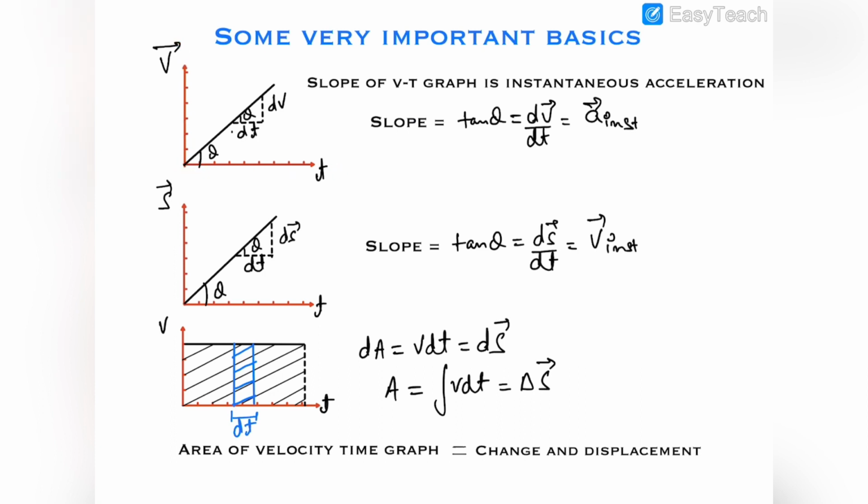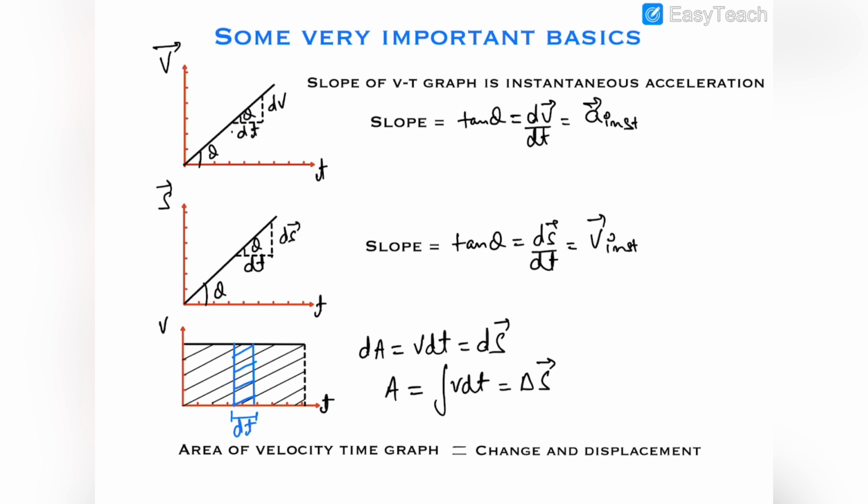So if there is a VT graph, velocity time graph, with velocity on the y-axis and time on the x-axis, then if it is a straight line or any graph, I have just taken the straight line for example. If you are calculating the slope of this graph, the slope would be tan theta, and tan theta is y upon x.